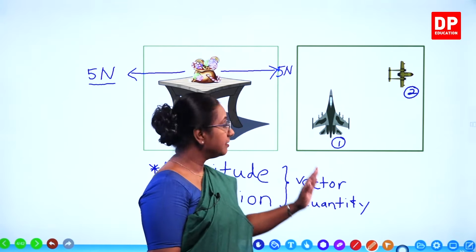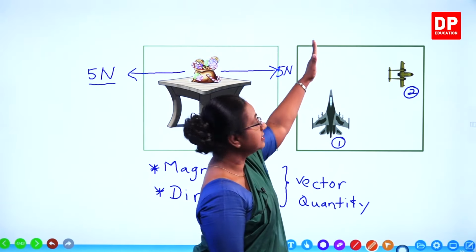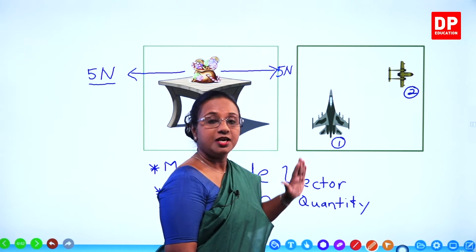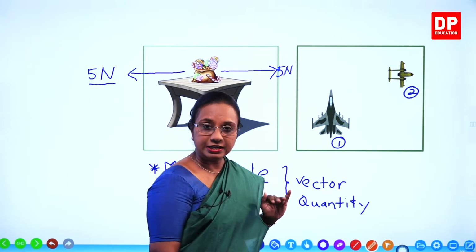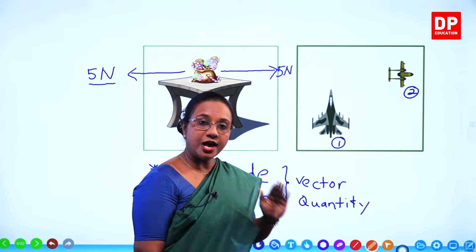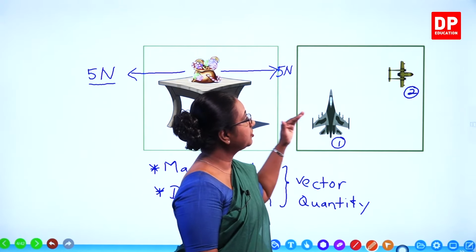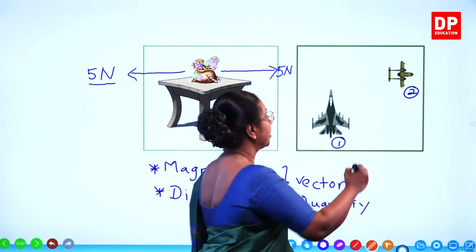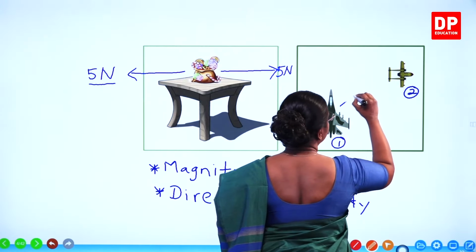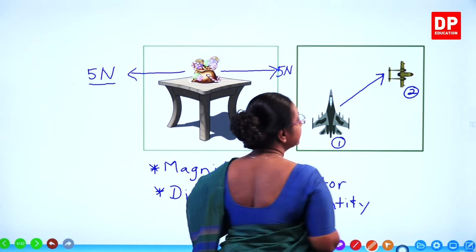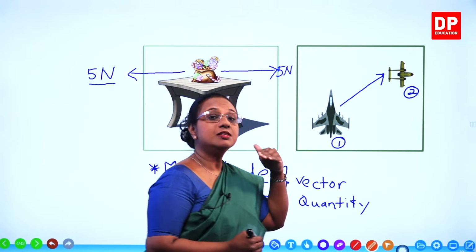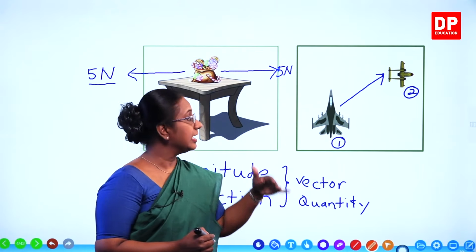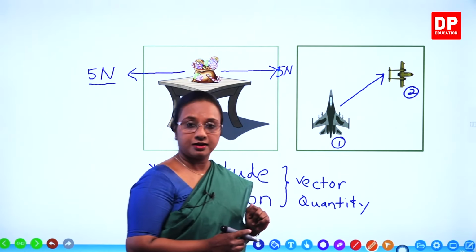At the same time, if he just maintains his own direction, then of course he will go in a different path. So therefore, the first aircraft should know in which direction he has to move.